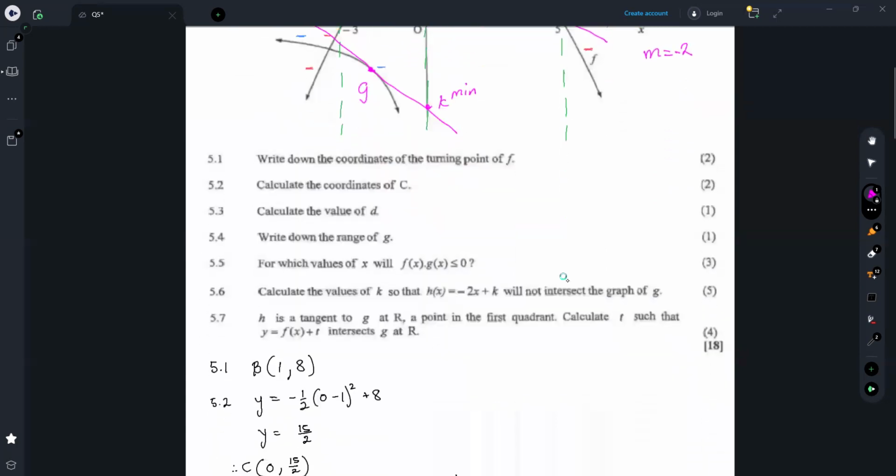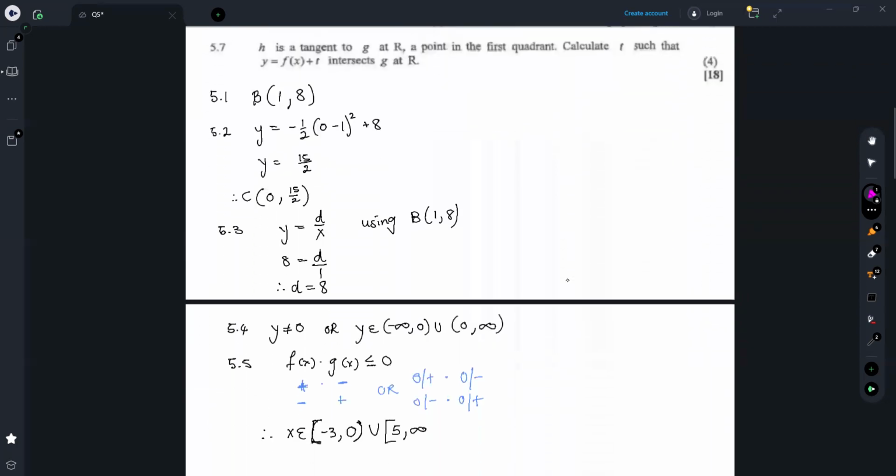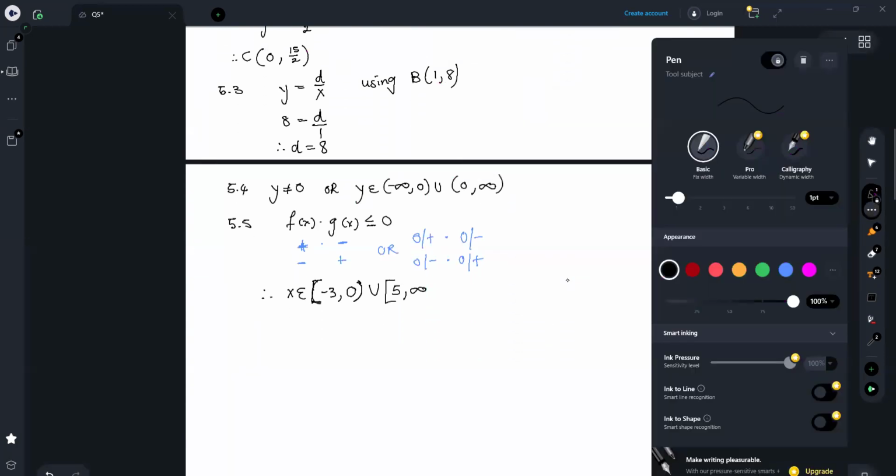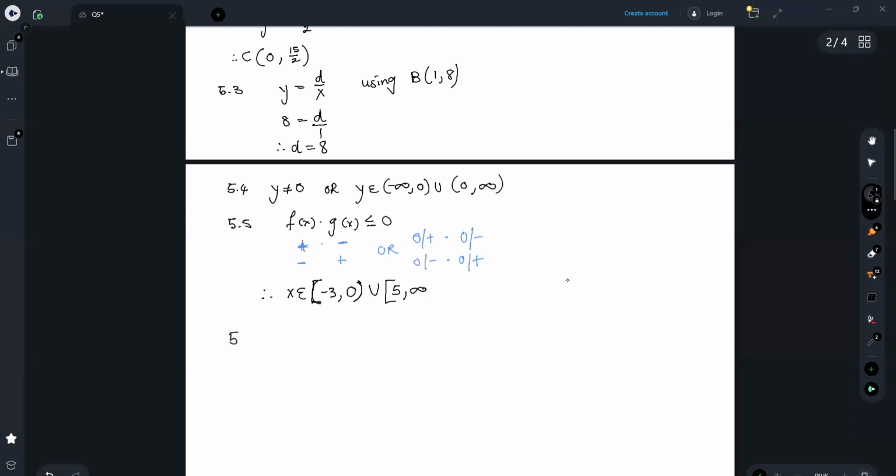Remember that anytime we're dealing with tangent, it means that derivatives must play a role. Okay, so it means that we are going to first derive. So we have 5.6. Remember that h of x is equal to negative 2x plus some k right there, isn't it?